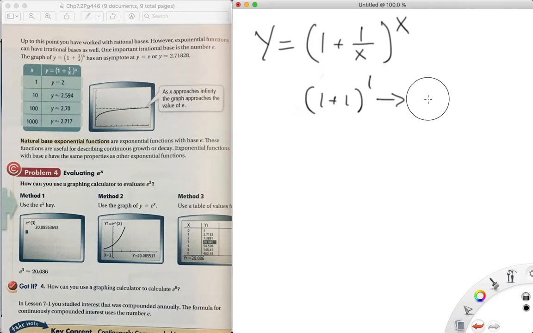And so on and so forth. So what happened is I replaced that 1 with a 1, and I replaced that x over here with a 1. And that's where this function comes from. And then I get 2. So what if I kept doubling it over time at this rate?